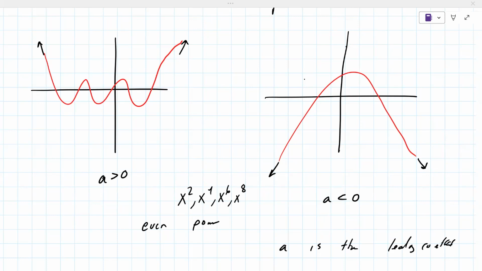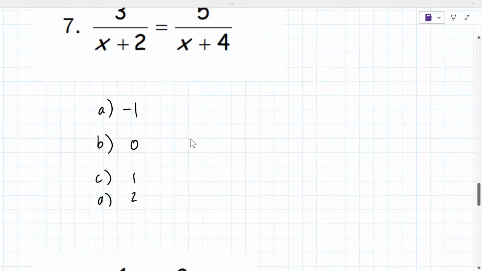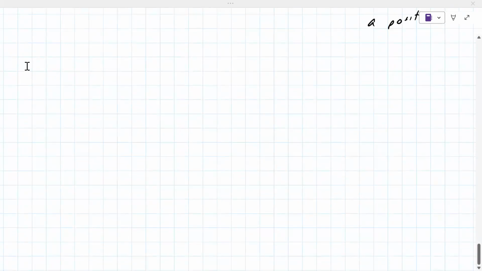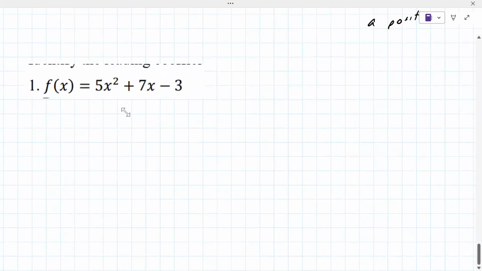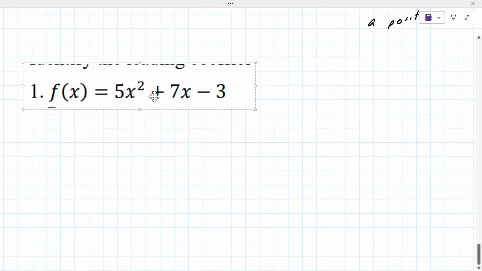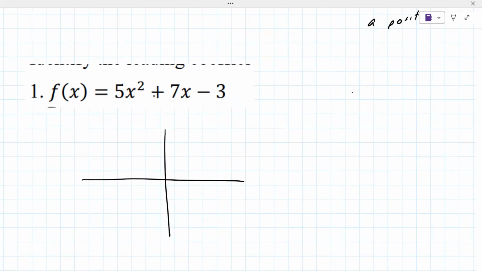Let me snip in a few of these. All right, so just kind of like worksheet practice here. If I give you the function, you have to know what the graph looks like, and what you really care about is what's happening left and right. And again, there's those four graphs.